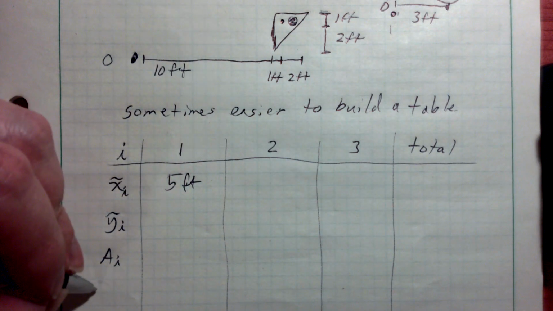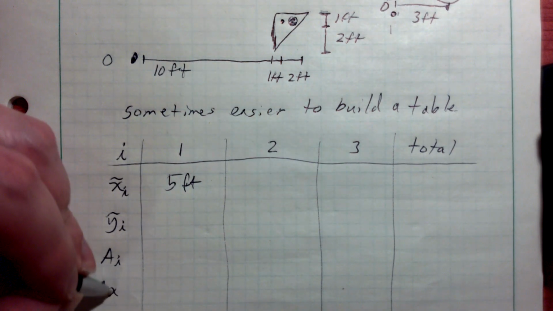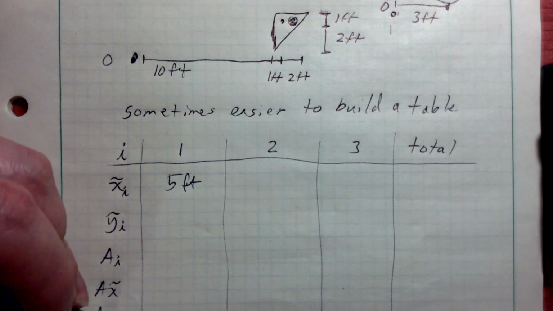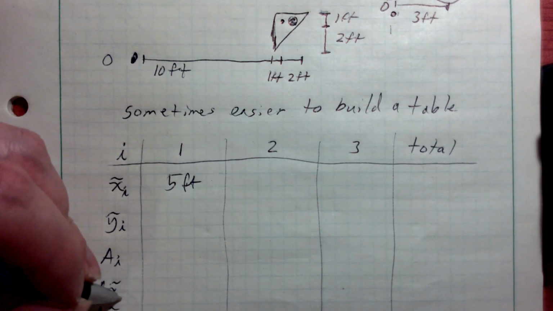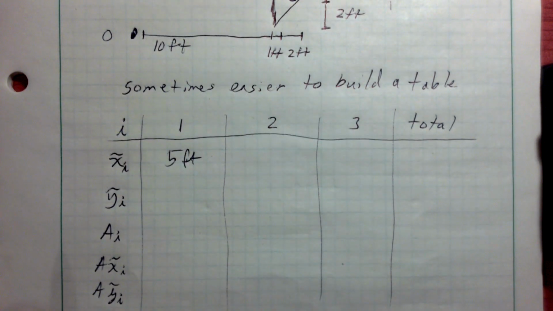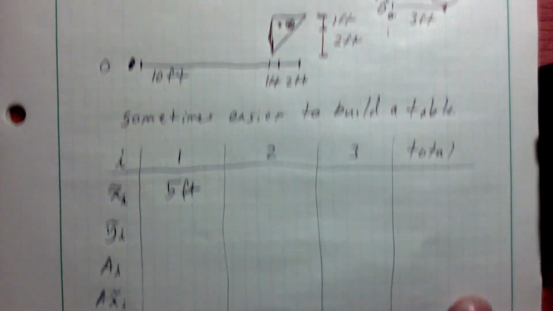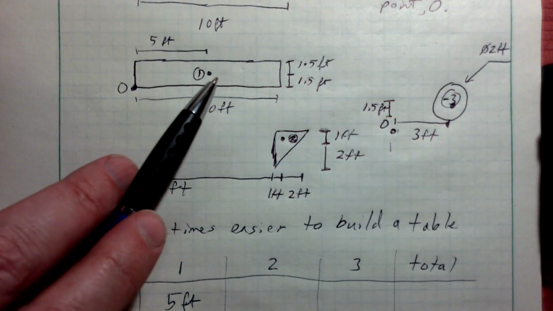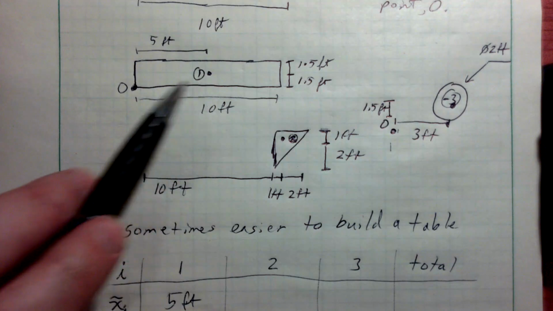And then you could go ahead and find the area times its x location and the area times its y location for each of those shapes. So again, we'll do the rectangle because it's easy. From point O, we said the x location is 5 foot.